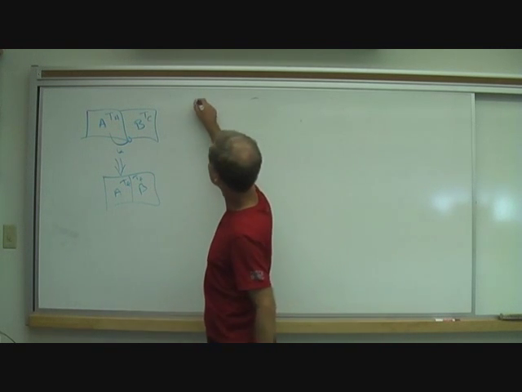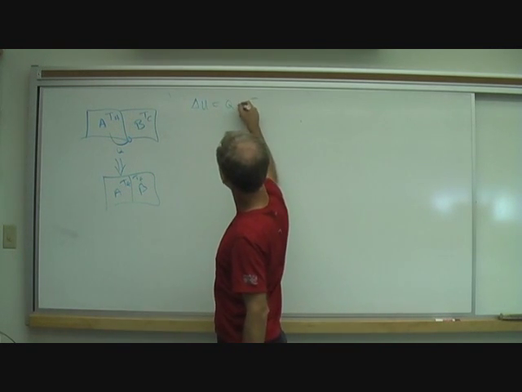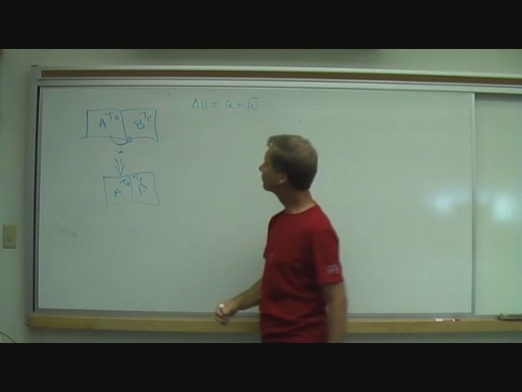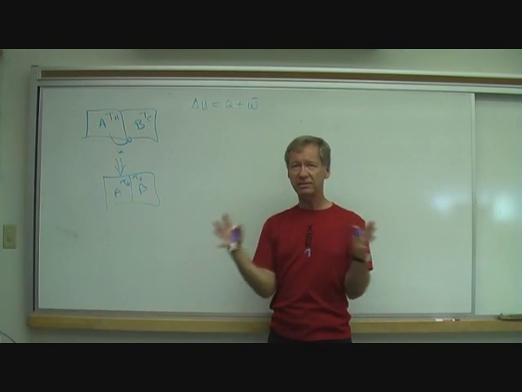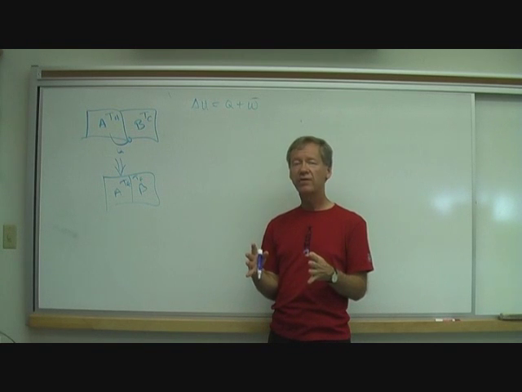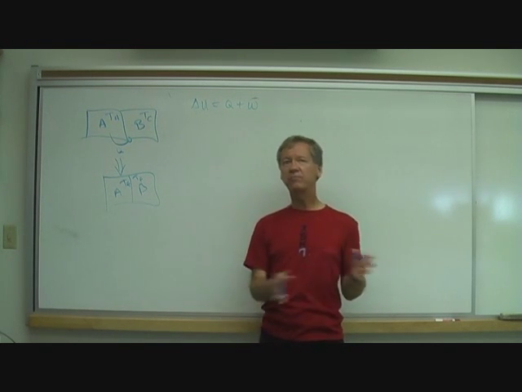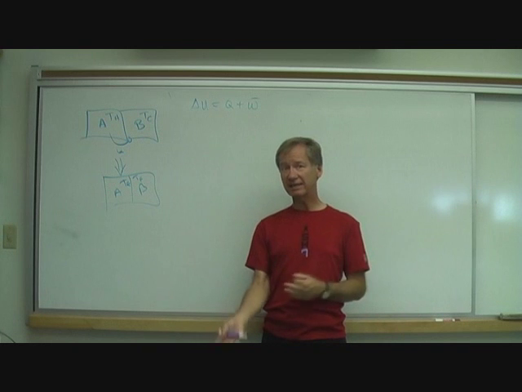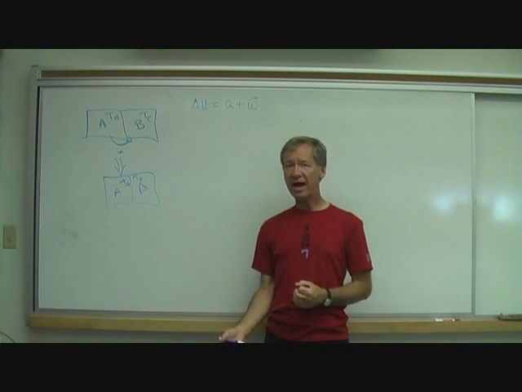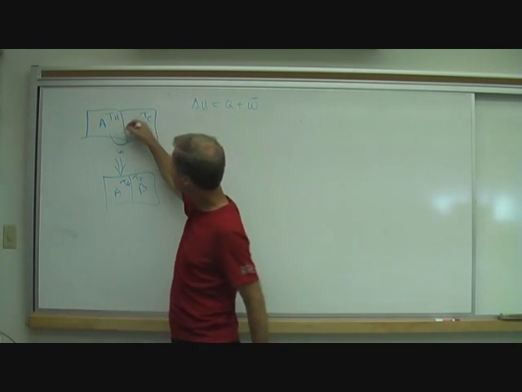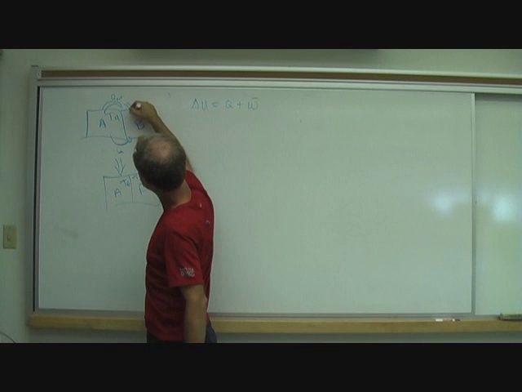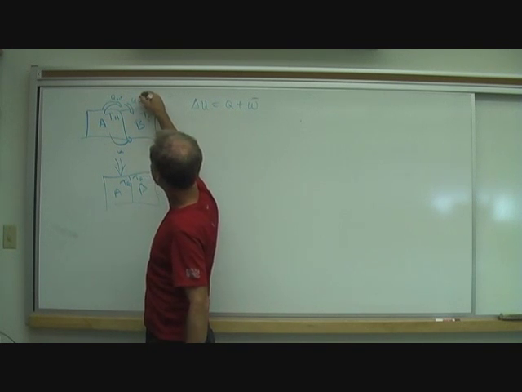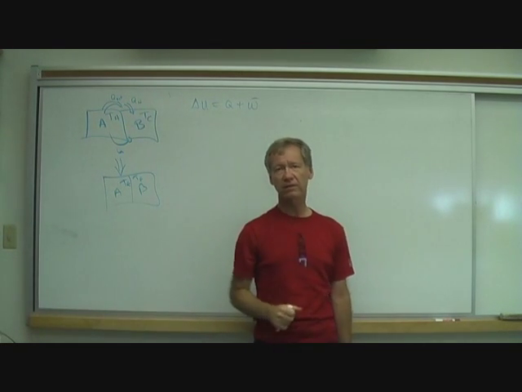Because we have Q plus W, and because we're going to isolate this system, the only thing that can move around is heat. And in fact, however much heat leaves here, Q out, has to be the same amount that goes into this piece, Q in.